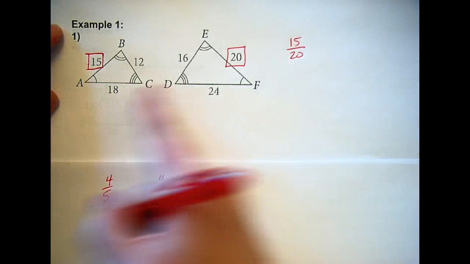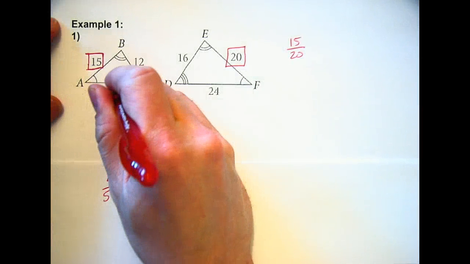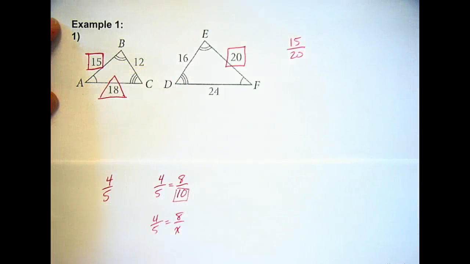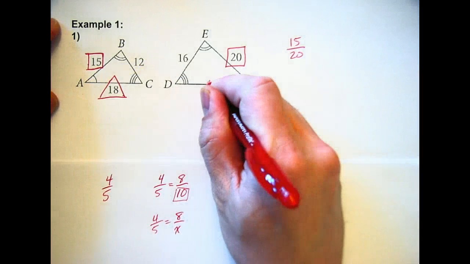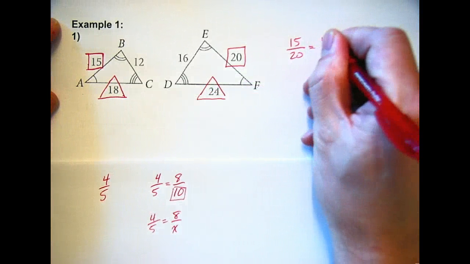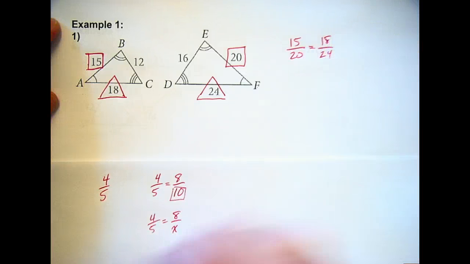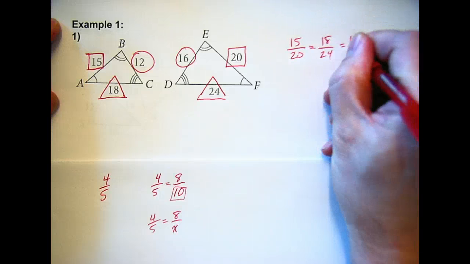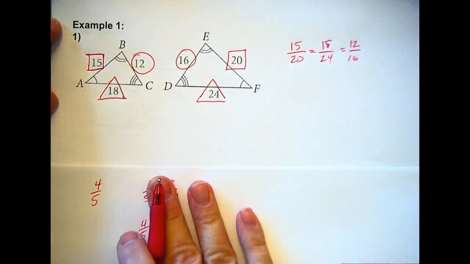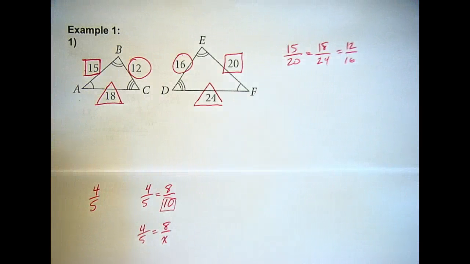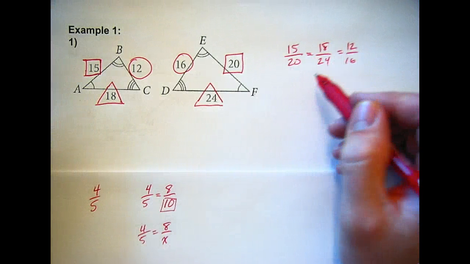And if these figures are actually similar, then this, let's use a different shape here, 18, which corresponds to 24, okay, that should be equal to that. And then 12 should be equal to, or 12/16 should be equal to that. They should all be proportional. They should reduce to the same thing. Okay, if you were to divide them, you get the same decimal.